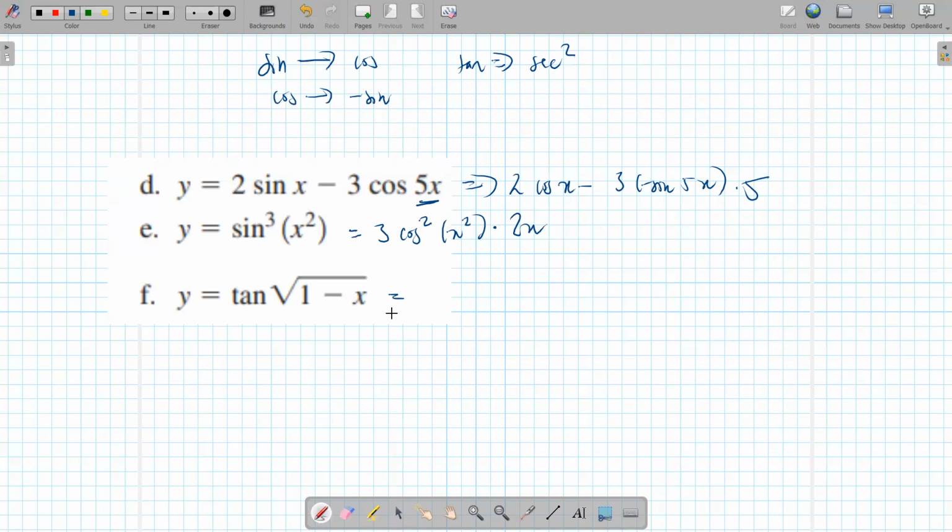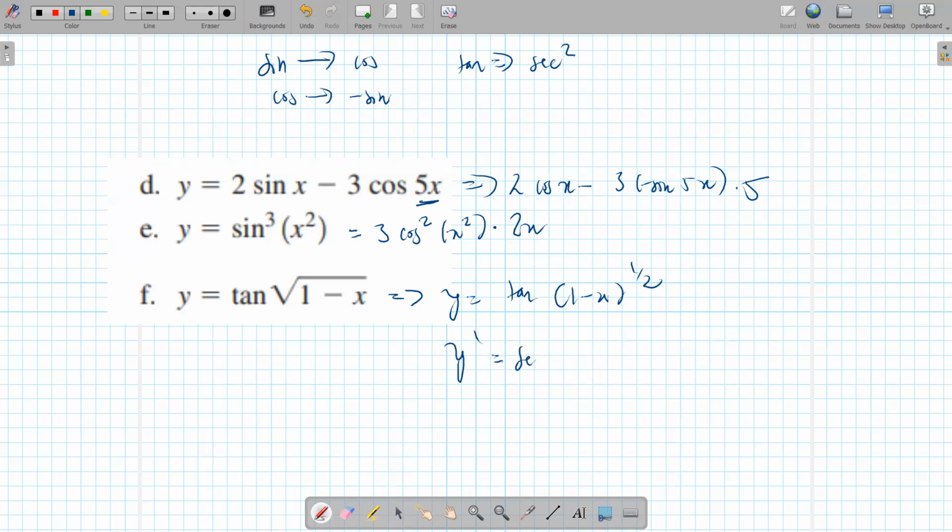Could you change the square root to the power of 1 over 2? Yeah, okay, so we can first rewrite this as tan of 1 minus x to the 1 over 2. Okay. What's the derivative? Sec squared.